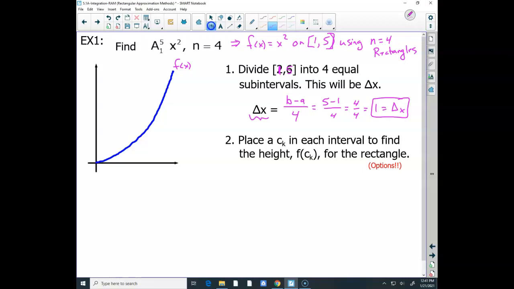Okay? And then we're going to place c sub k in each interval to find the height for each rectangle. Now we have options because we can do the left, the right, or the middle. We are going to do all 3 of them here, and you will be asked for all 3 of them on your AP test at different moments in time. Okay?